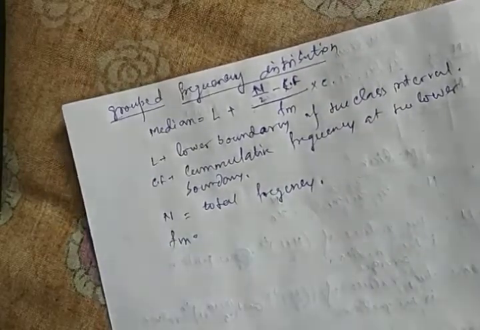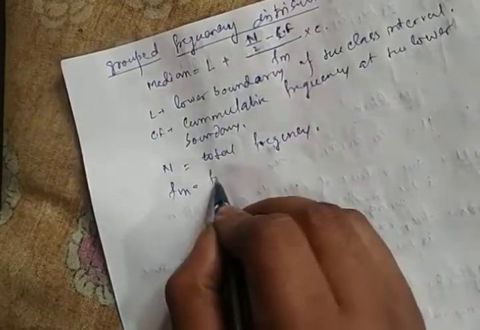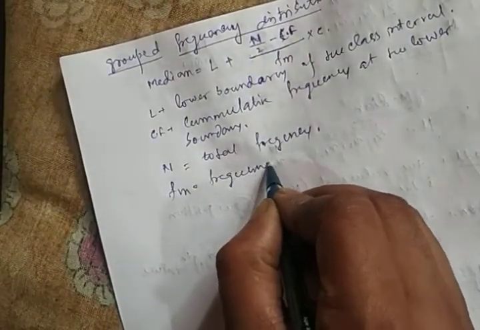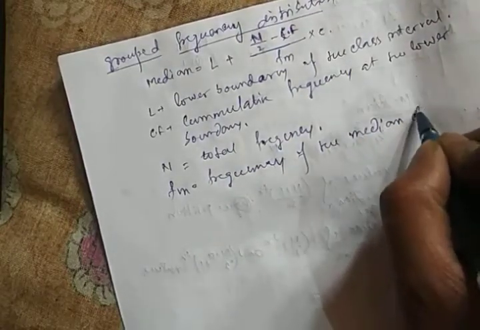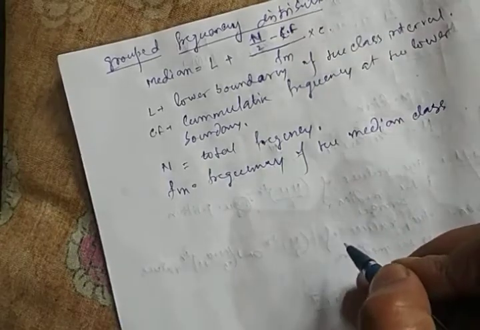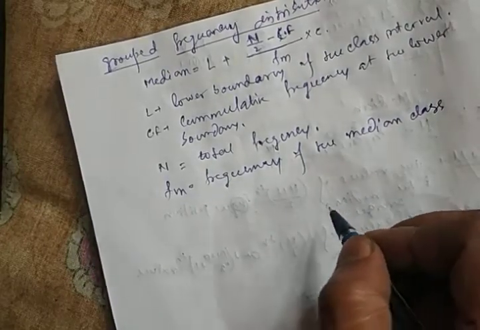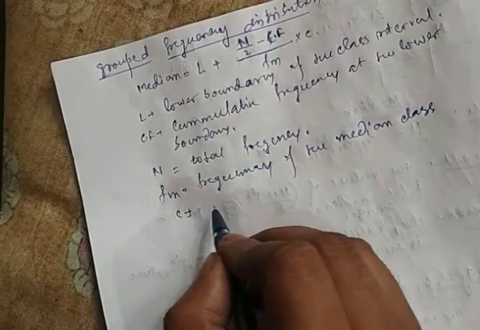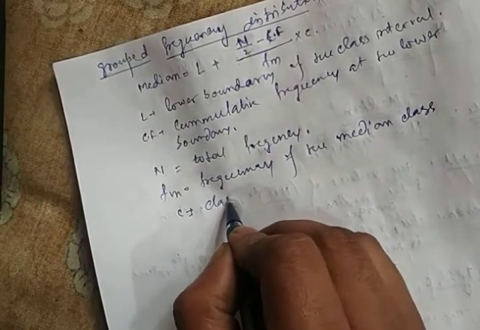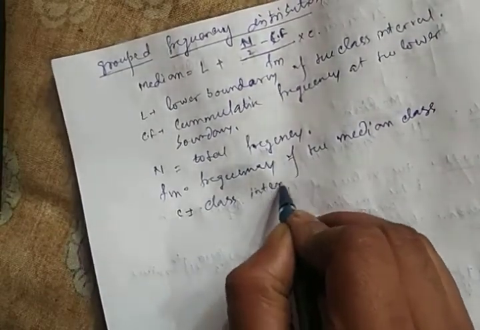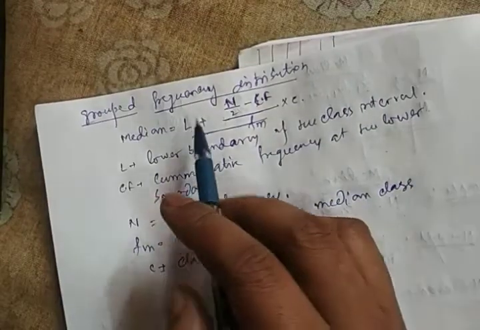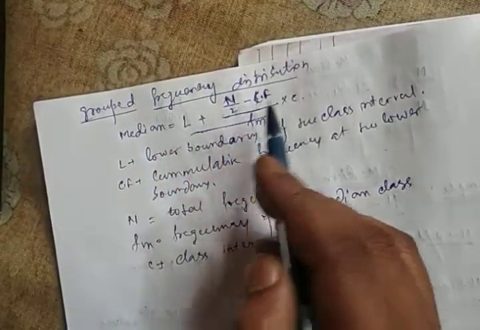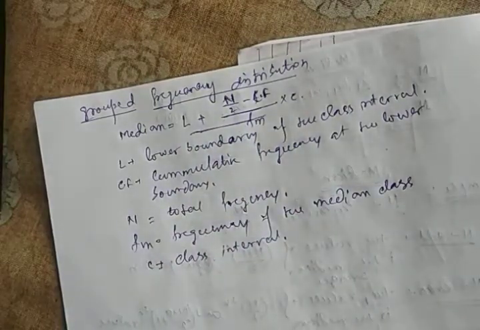FM is the frequency of the median class, and C is the class interval. So this is the formula to calculate the median for a grouped frequency distribution: L plus ((n by 2 minus CF) by FM) into C.